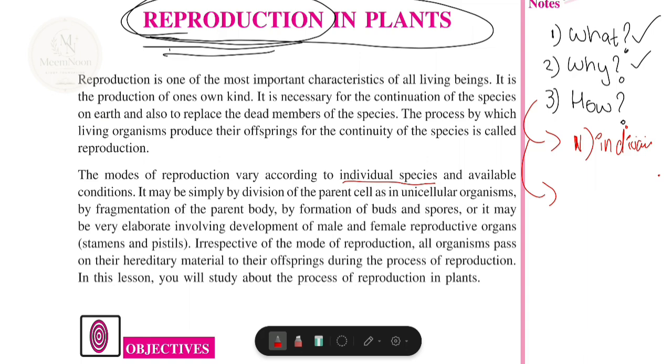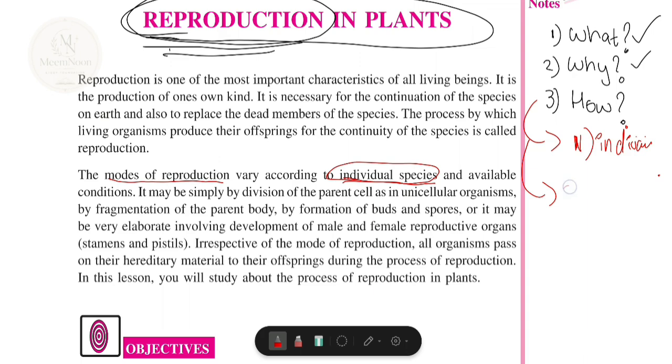For example, elephants reproduce sexually. Plants might reproduce asexually, or they may reproduce sexually. It varies according to the organism. So the first way the mode of reproduction varies is according to the individual species.